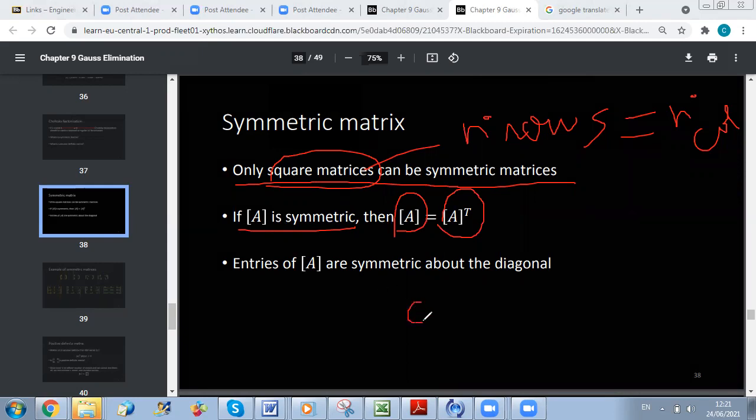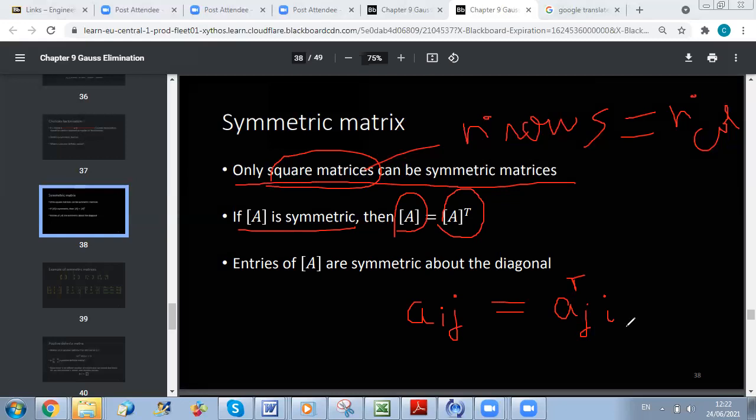So for any element a_ij, when I switch rows and columns to get the transpose, it should be equal to the transpose element a_ji.